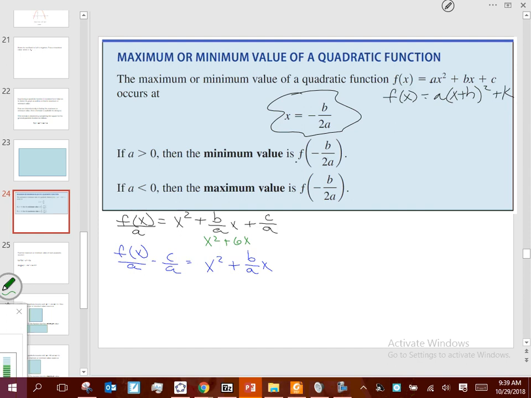Well, now we're going to take half of b over a. Okay, so half of b over a would look like b over 2a, right? Does that make sense? And then we're going to square that, because that's what we would do to that 3. We square 3 and get 9. So now we'll take b over 2a and we'll square that, and it's going to give me b squared over 4a squared.